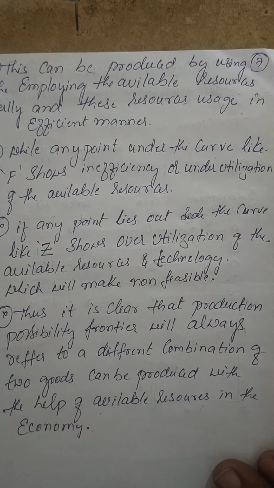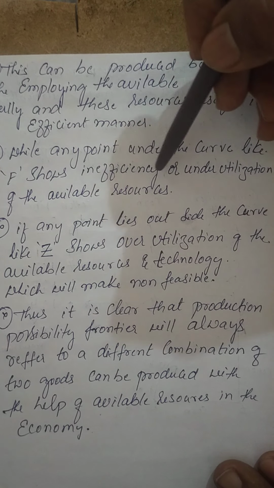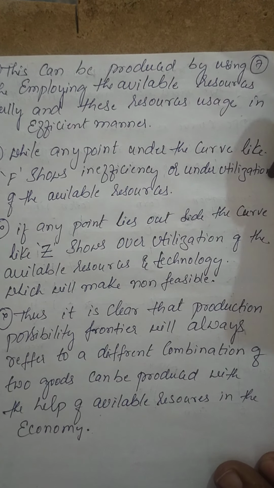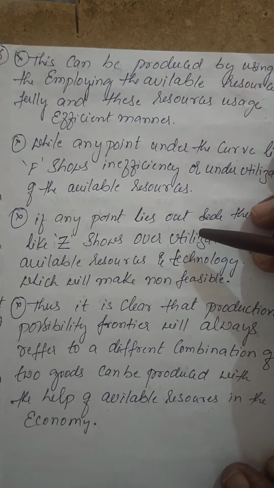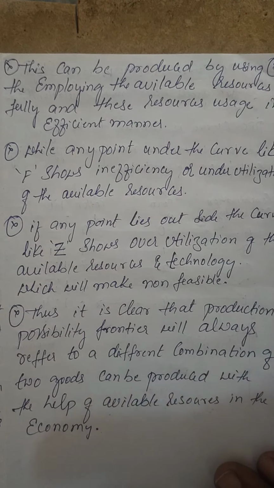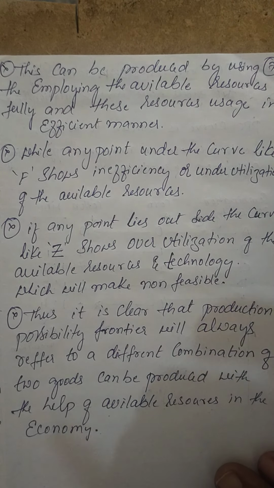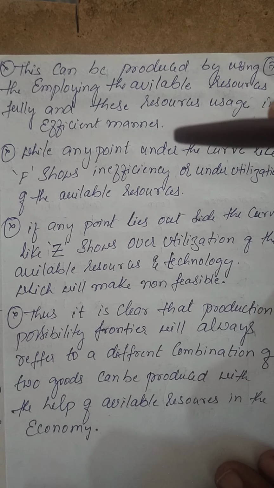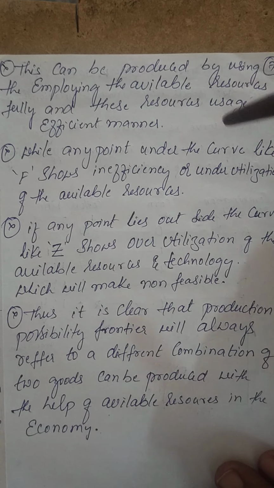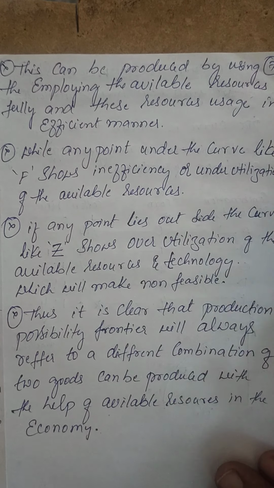So what happens? Inefficiency, or underutilization of the available resources. Whatever resources are there, they are not used properly. Or sometimes labor might have some issues. He is not ready to work because of some family issues or personal issues.